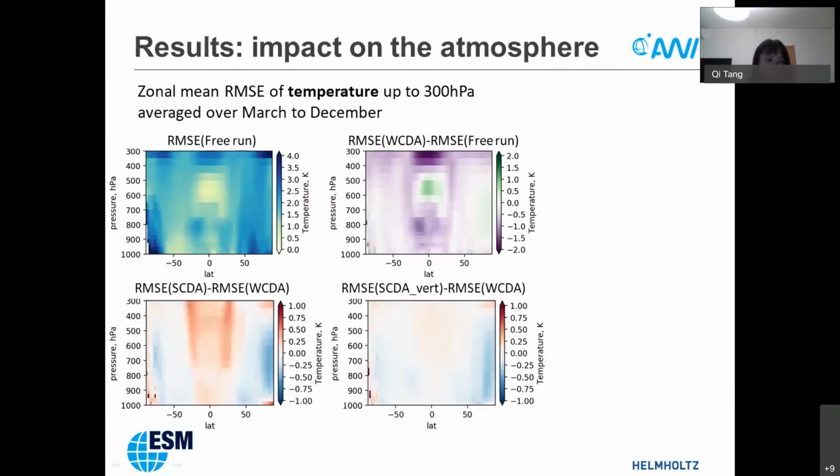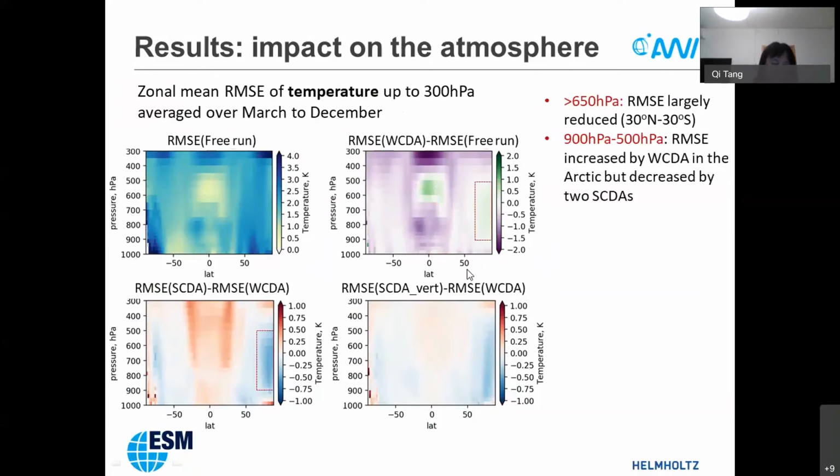This slide shows the zonal mean RMSE of temperature at different pressure levels up to 300 hectopascal. Between 650 hectopascal and 1000 hectopascal, in the lower half of the troposphere, the zonal mean RMSE of temperature is reduced everywhere by data assimilation, especially in the tropics and lower latitudes between 30 degrees north and 30 degrees south.